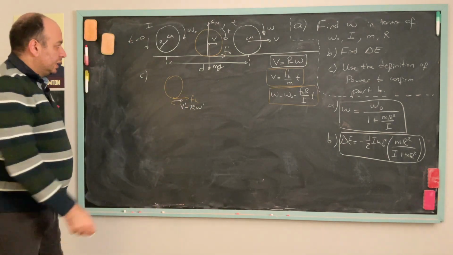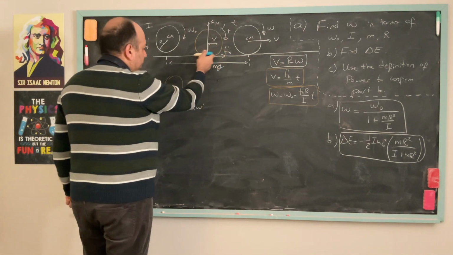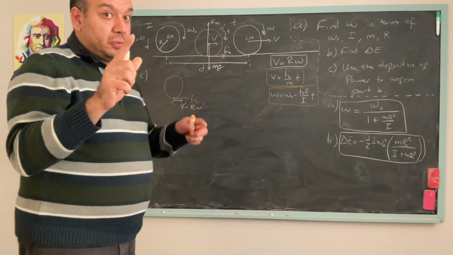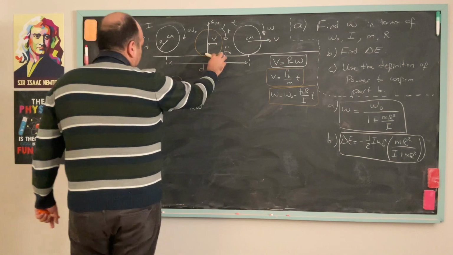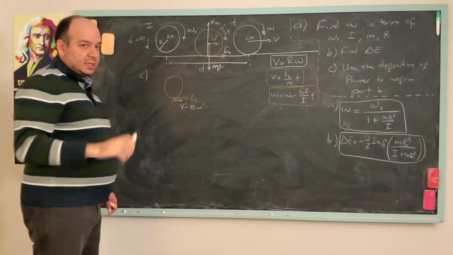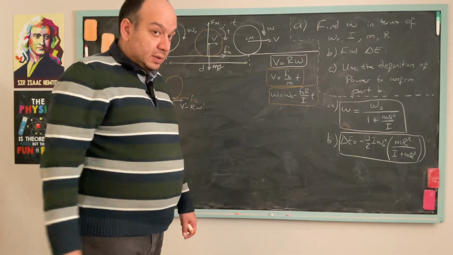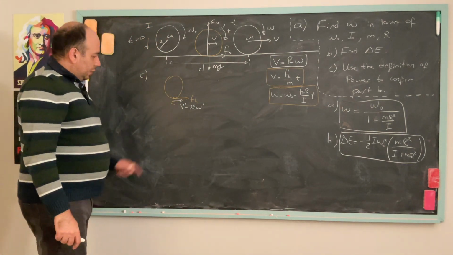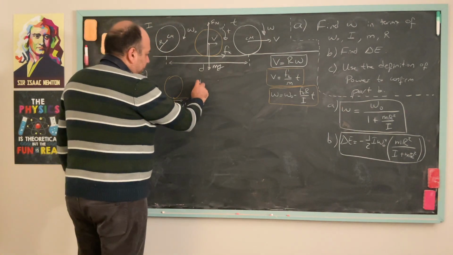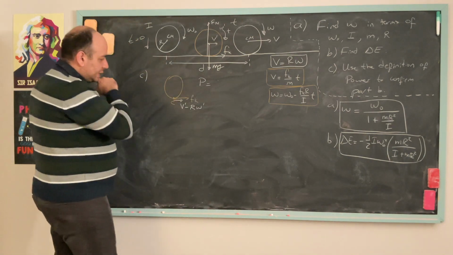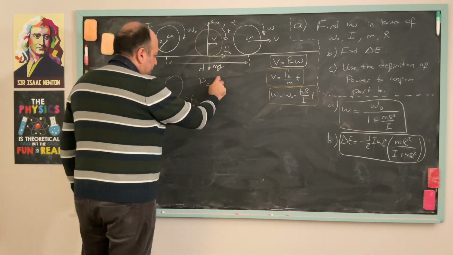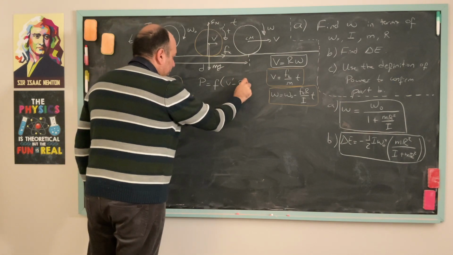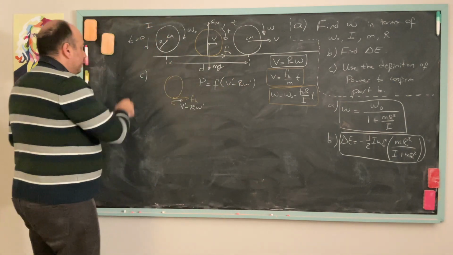Why minus? Because omega prime R, the tangential velocity for pure rotation, is actually pointing to the left. We already discussed that in the discussion of rotation, the rolling motion. Okay, so what is the power due to this friction force? It's going to be equal to F times (v prime minus R omega prime). Okay, this is good.